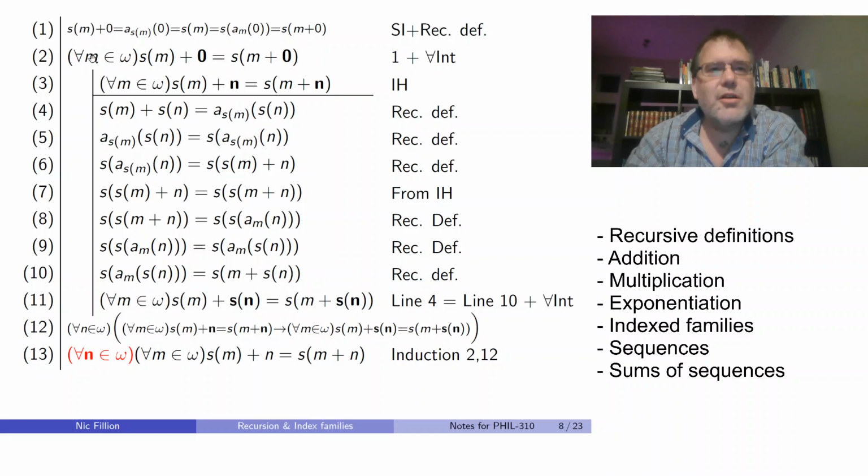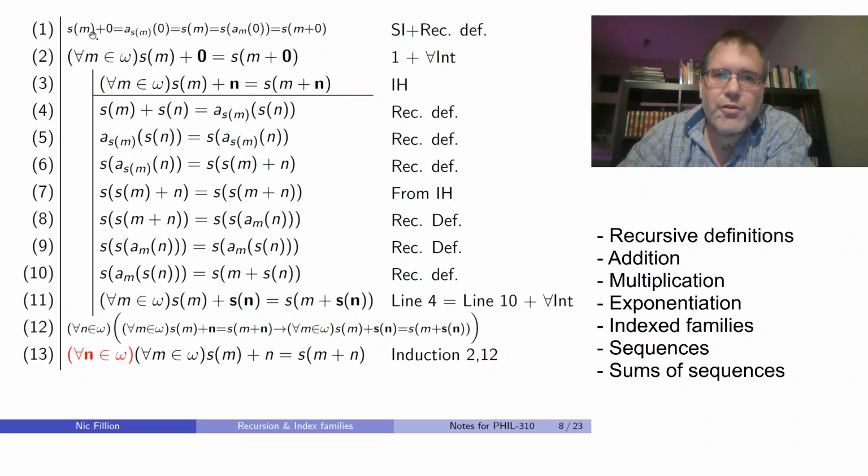Okay? So let's look at the base case first. What we try to do is take an arbitrary object. Here I kept the letter m just to keep things simple. We try to show that the left-hand side of the equation must be equal to the right-hand side. So the left-hand side is the successor of m plus 0. Now, if we come back to our definition of addition, that tells us that that is equal to that function a sub sm.